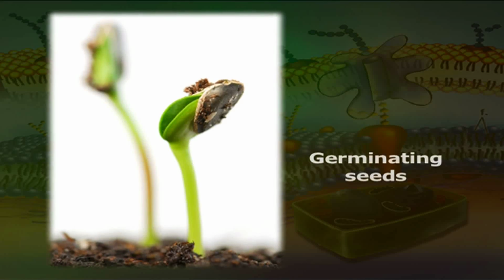The second type of peroxisome is present in germinating seeds, where it has an essential role in converting the fatty acids stored in seed lipids into the sugar needed for the growth of the young plant. The seedling uses this sugar until it is mature enough to produce it by photosynthesis.